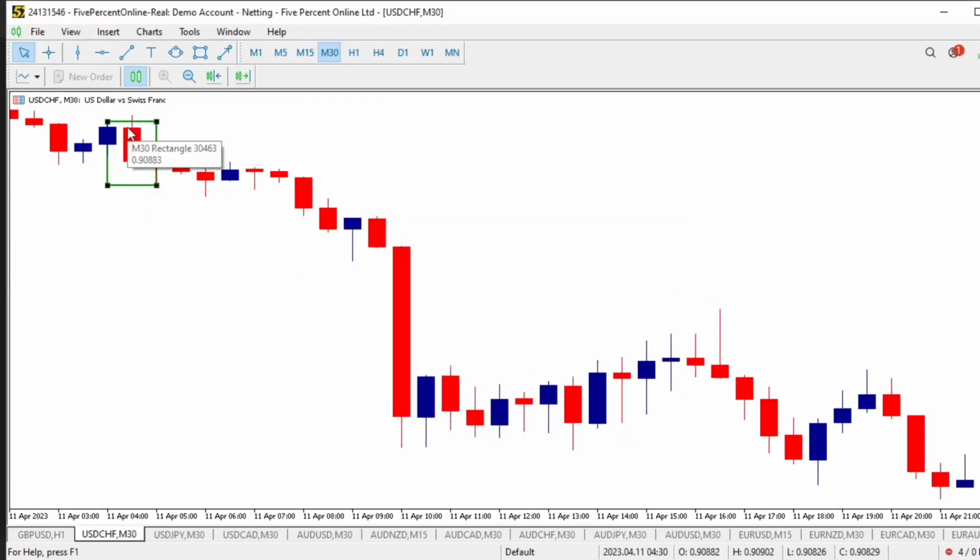The candlestick opens at this level, and did what? And closes at this level.